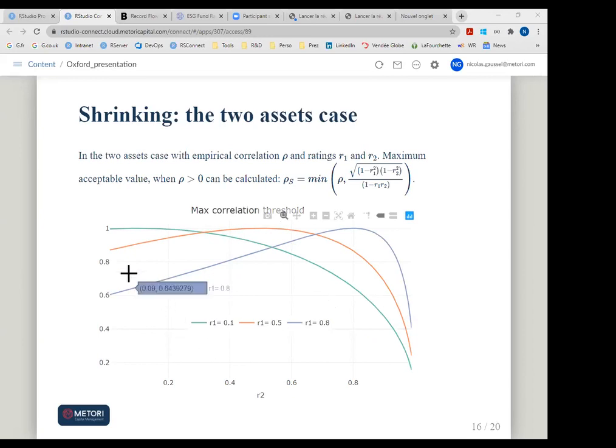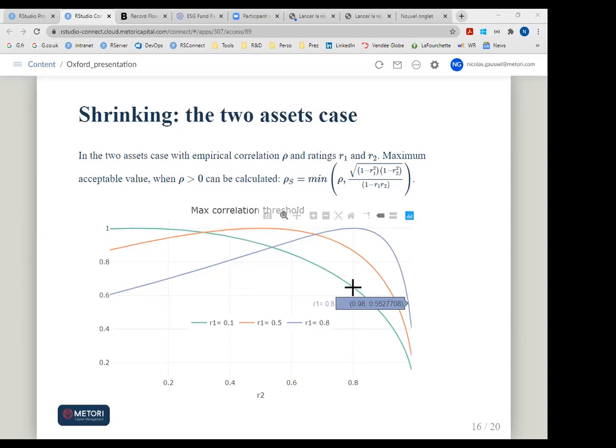So this is the green curve here, and this is the maximum acceptable correlation with an asset with rating displayed on the x-axis. So here is that point. If we have an asset with rating 0.1 and an asset with rating 0.8, it's not possible to compute the ESG rating with a correlation which is above 0.50.